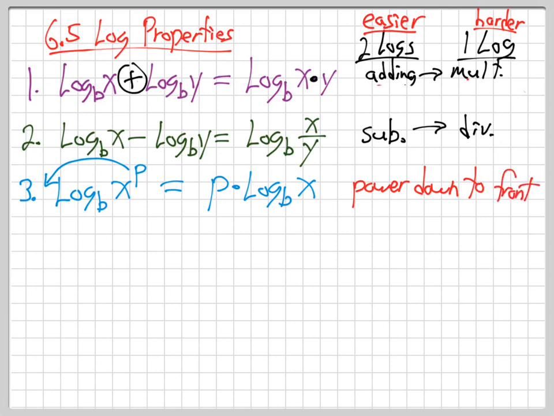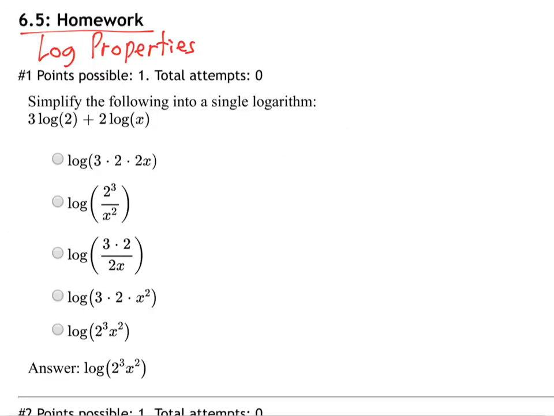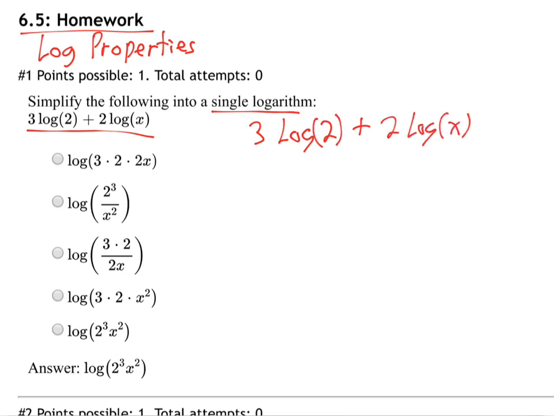Okay, so with that in mind, let's go back. So question number 1. They want us to combine this into a single log. So let me write this: 3 log 2 plus 2 log x. Okay. Well, what do we do with these numbers in the front?